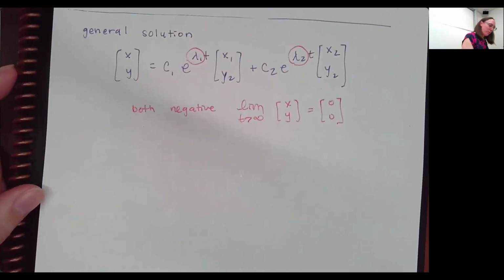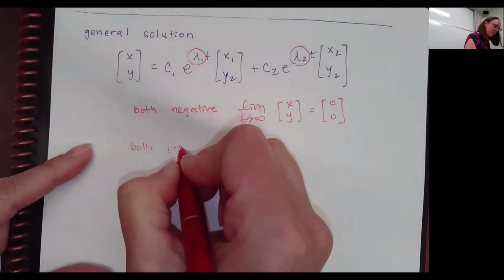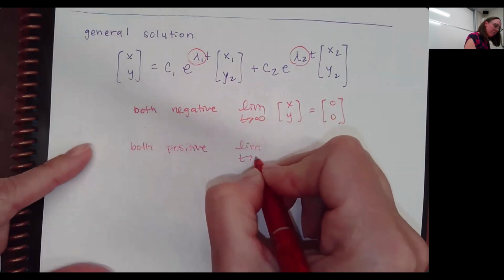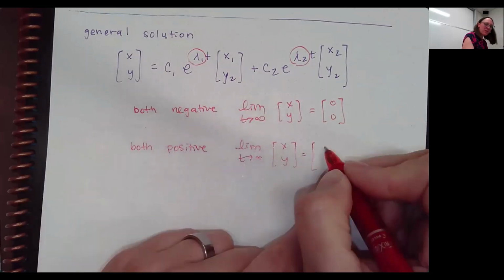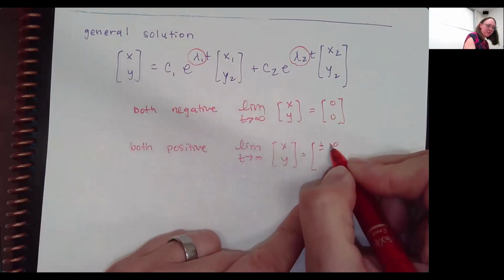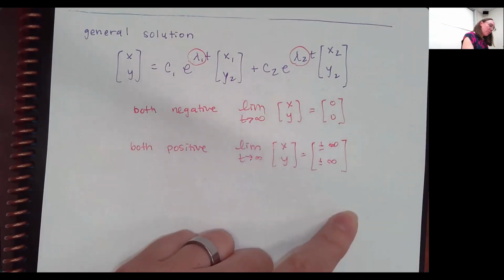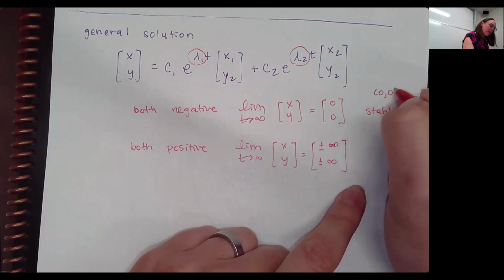And if they're both positive, then they're both going to go to infinity. They could be plus or minus infinity, right? Because my constants could be negative. So this one we would say 0, 0 is stable.